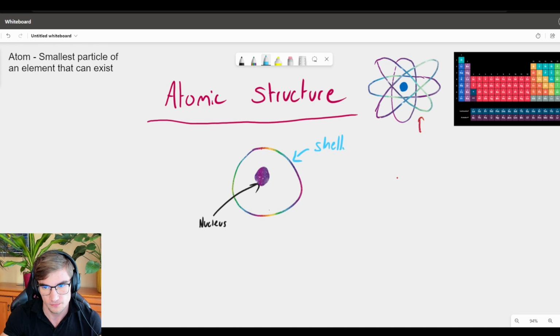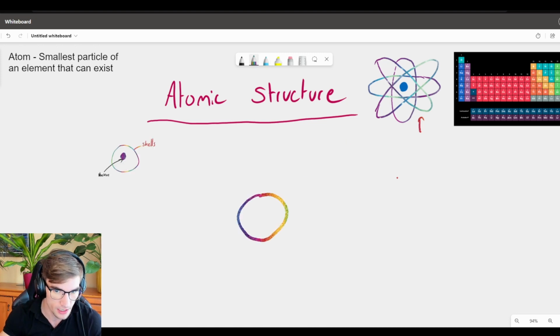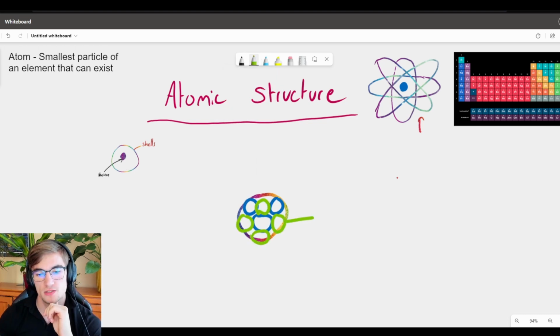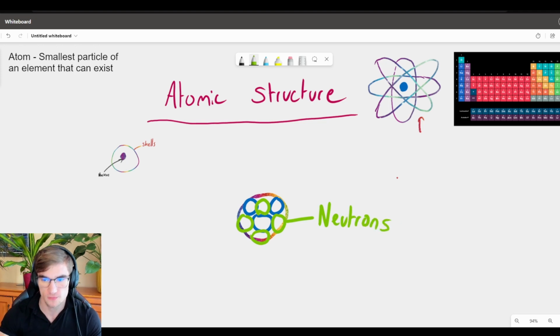Shells. So the nucleus actually contains things inside of it, and it contains two subatomic structures. The green ones, it doesn't matter what color they are, I just made them green because I like green, I'm going to call neutrons. So inside of the nucleus we have neutrons and we have protons.